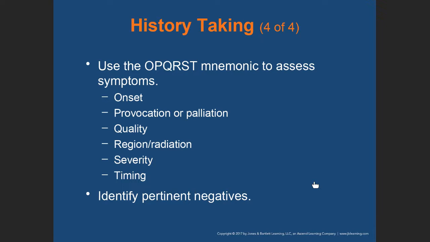Based on the findings and the history I've gathered, I am suspecting that he might be having an MI, but he's not having chest pain. So that would be a pertinent negative. It's something that I would expect to be present, but it's not. And the elderly population and the female population, when they're having heart attacks, tend to not complain of pain.